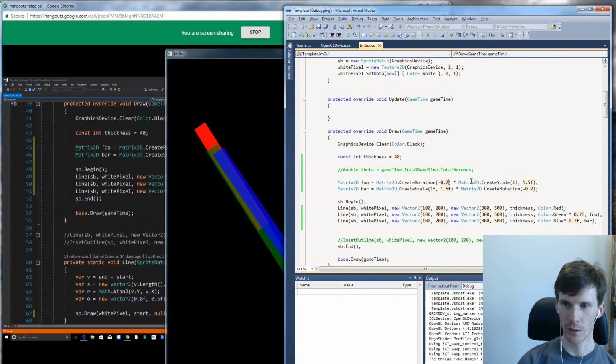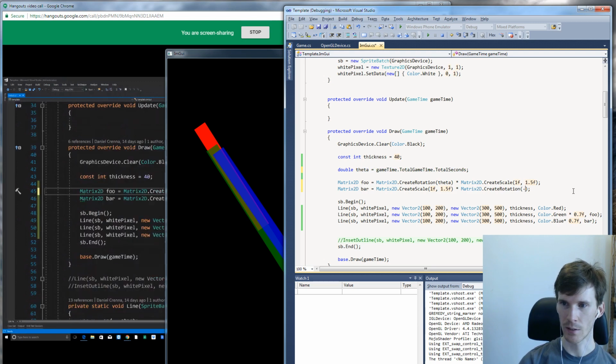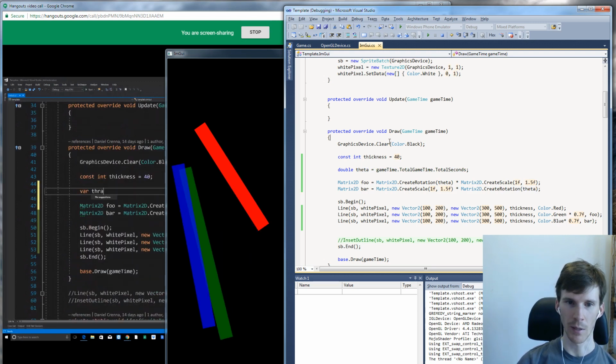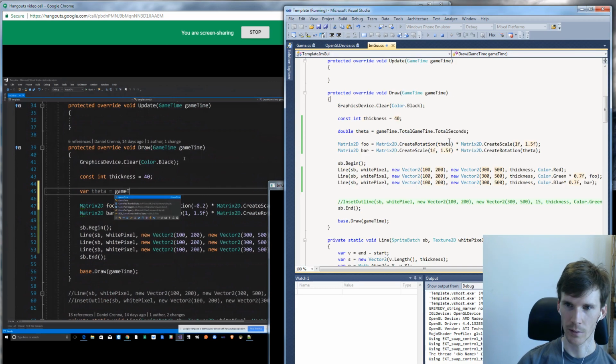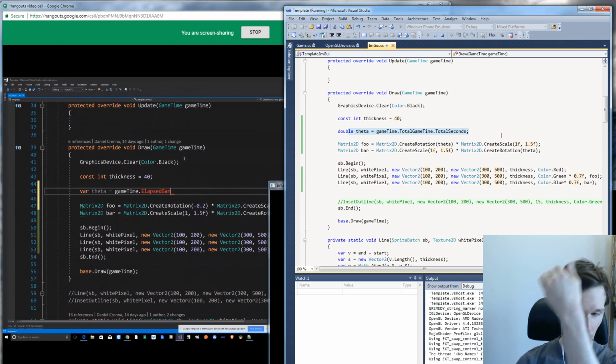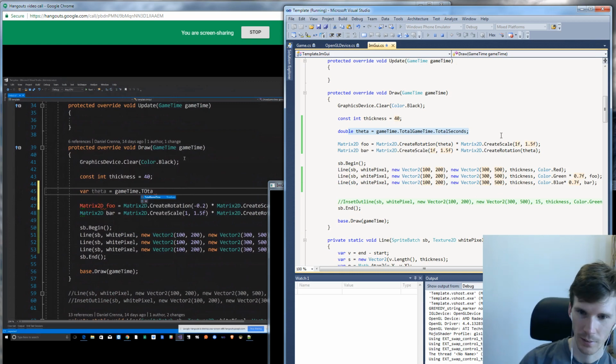So that's fine. What I'm going to do is put theta back in these things and animate. So you can see that. Oh, yeah, you want total because it elapses per frame. Yeah. Right.